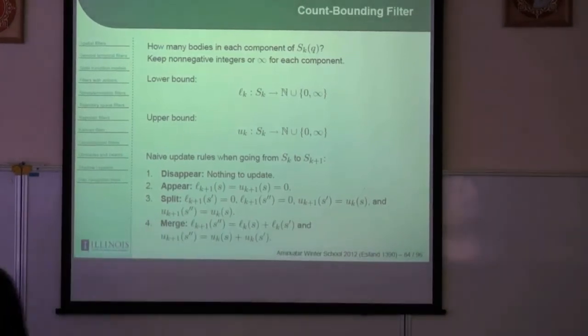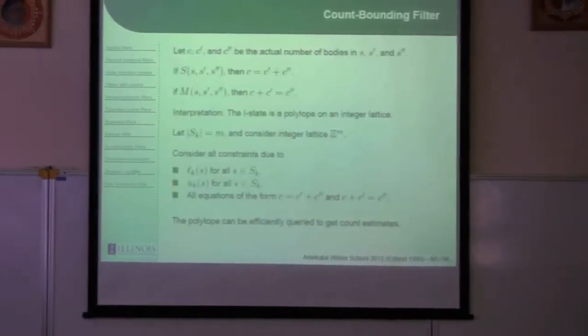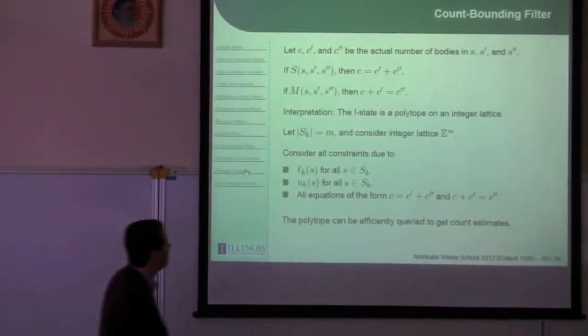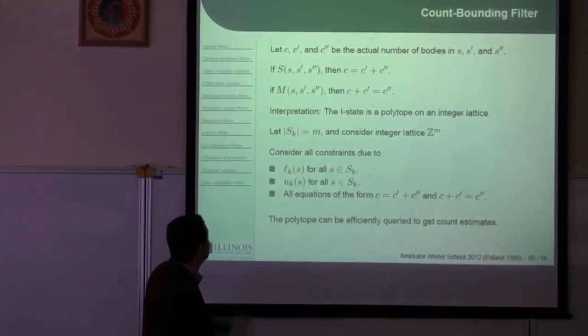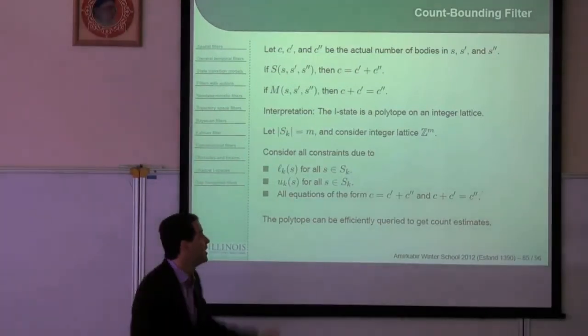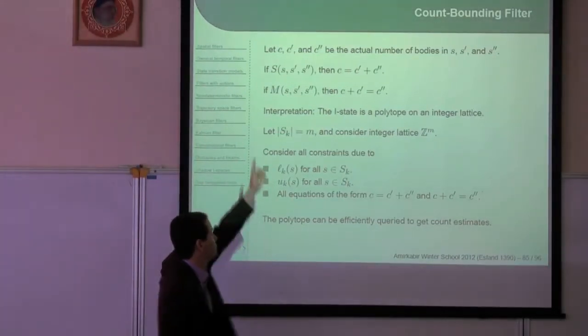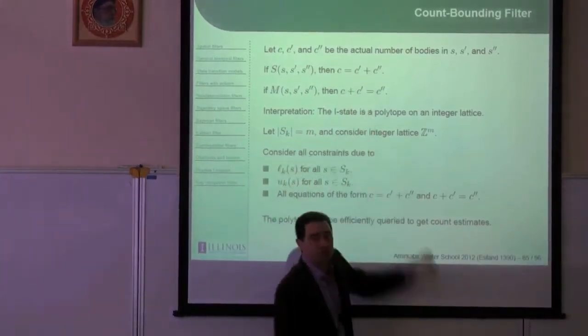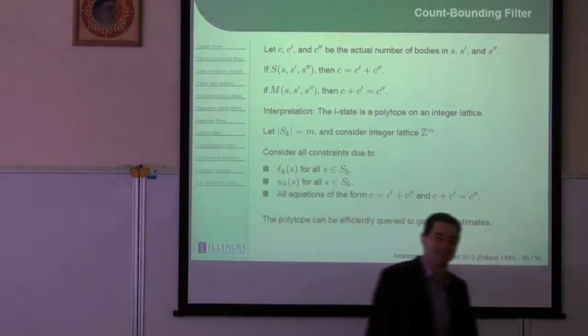That gives you kind of a weak sort of filter, but it's not completely telling the whole story. There's a little bit more here, which is quite interesting. So let C, C prime, and C double prime be the number of bodies in each of the shadow components. If there's a split, then we have this algebraic relation, right? Isn't that true?